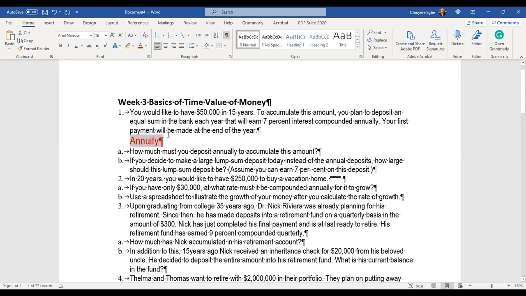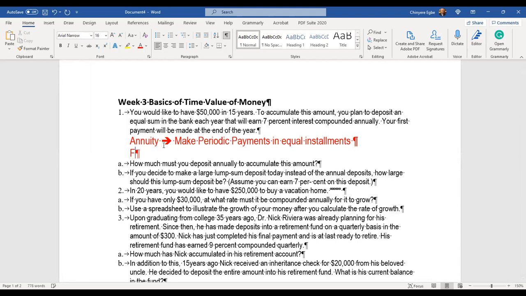Okay. So this is an annuity problem, because you're going to make periodic payments in equal installments. You have an annuity. And in this particular case, you are looking at the future value of an annuity.